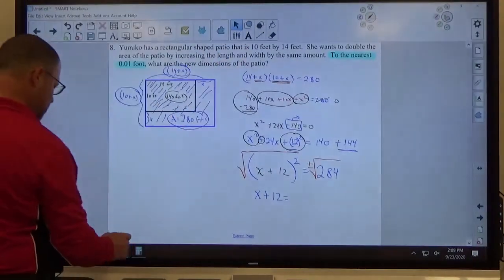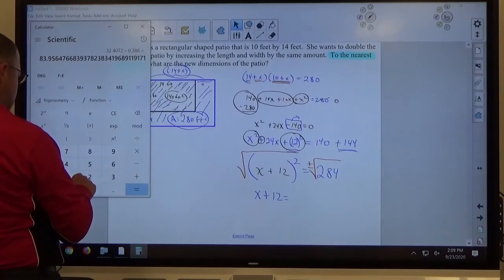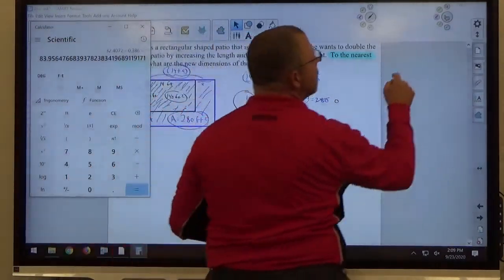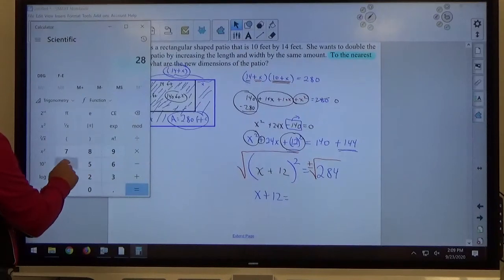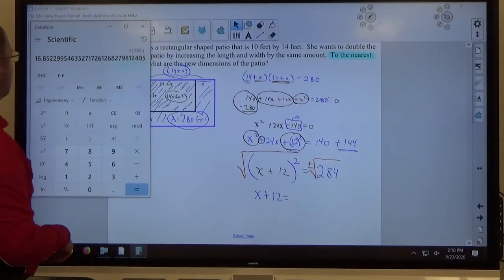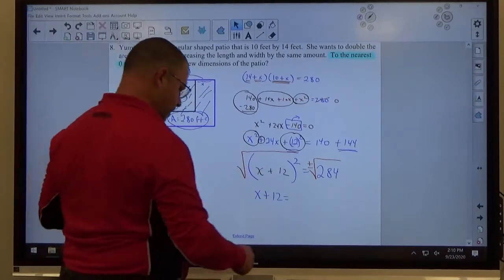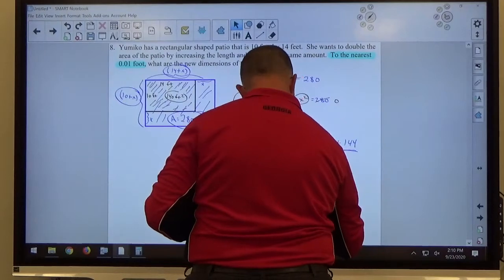What'd you get for the square root of 284? 16.85229955. I believe you. So let's go with 16.85. It is plus or minus, right?